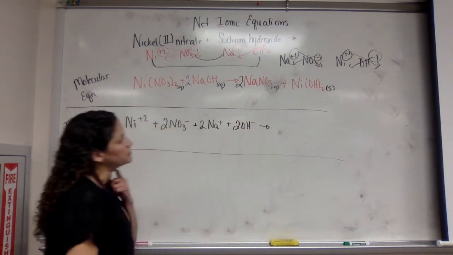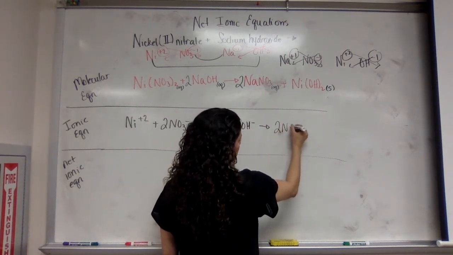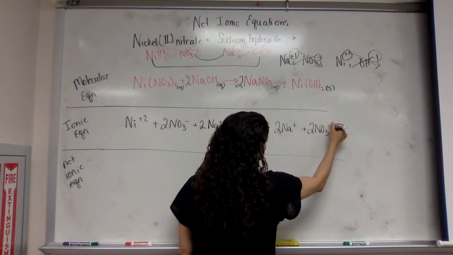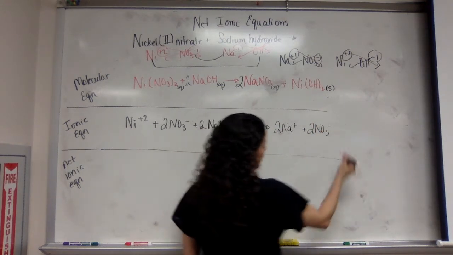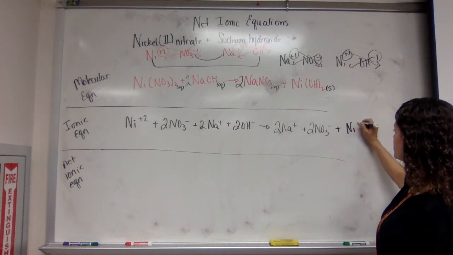They're going to react to produce, and once again, my sodium nitrate will split up. So I'll have 2 sodium ions plus 2 nitrate ions. And then nickel hydroxide, because he is a solid and he's going to precipitate out, we're going to write him out as such.